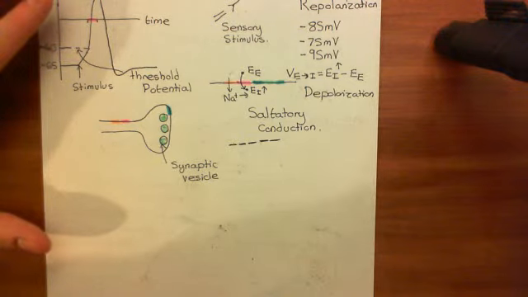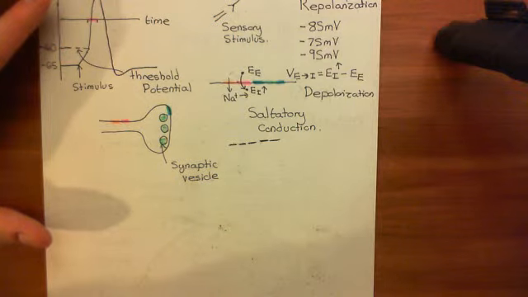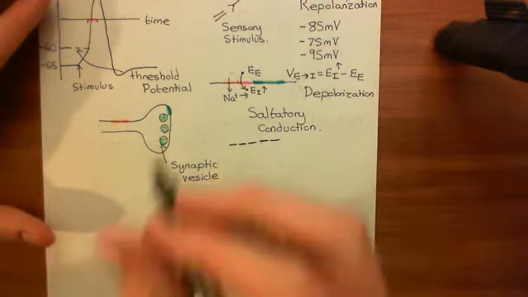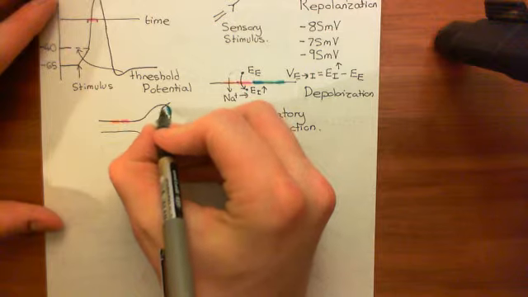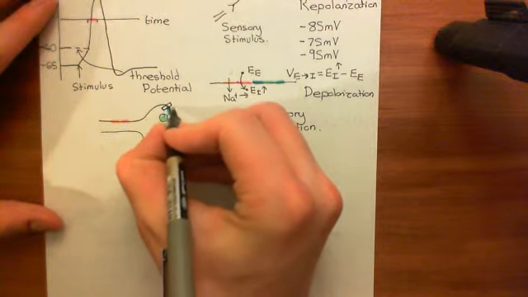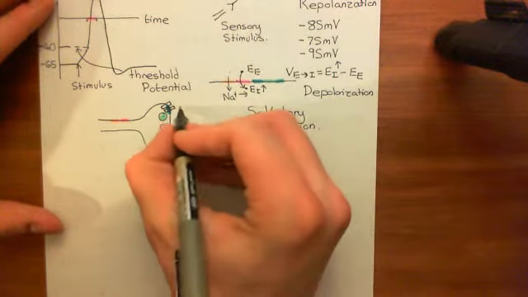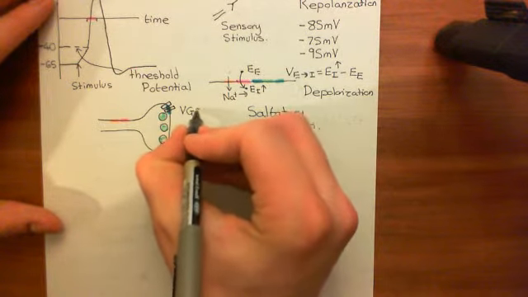Now the question is, how does the action potential trigger the fusion of these synaptic vesicles with the presynaptic membrane? Well, the answer is that within the membrane you have a special voltage-gated channel, and this is a voltage-gated calcium channel.